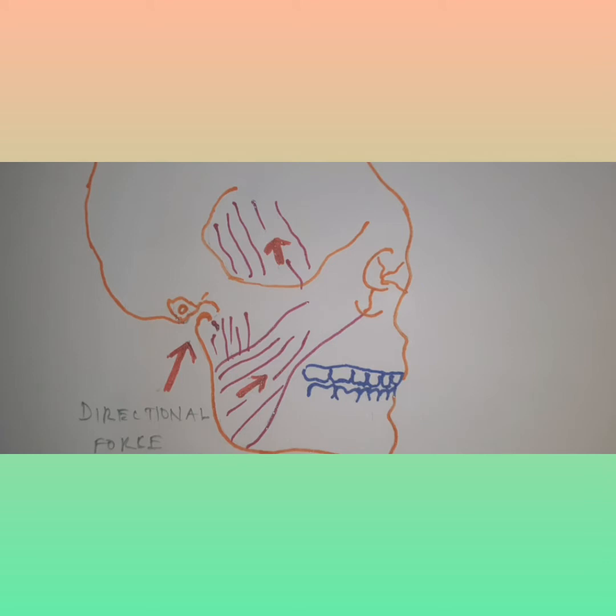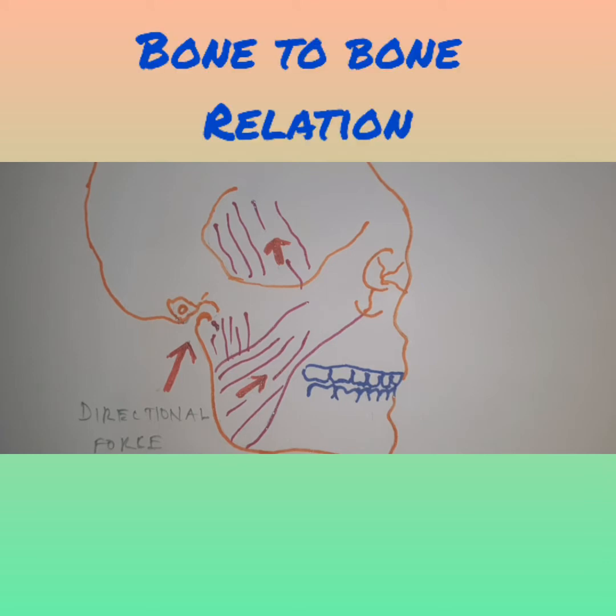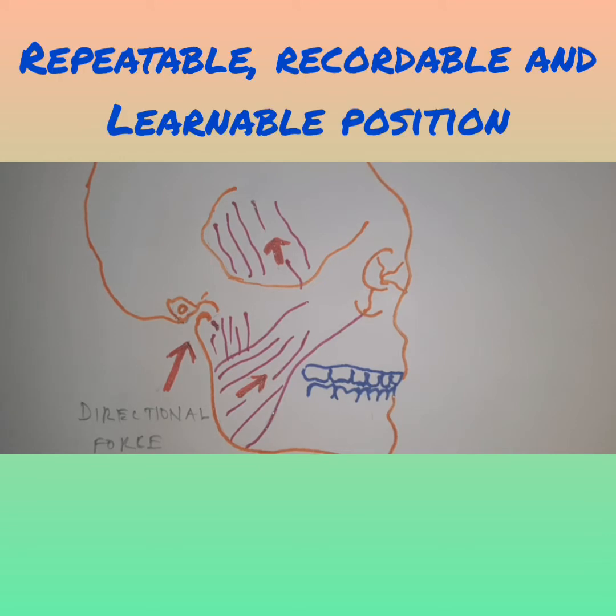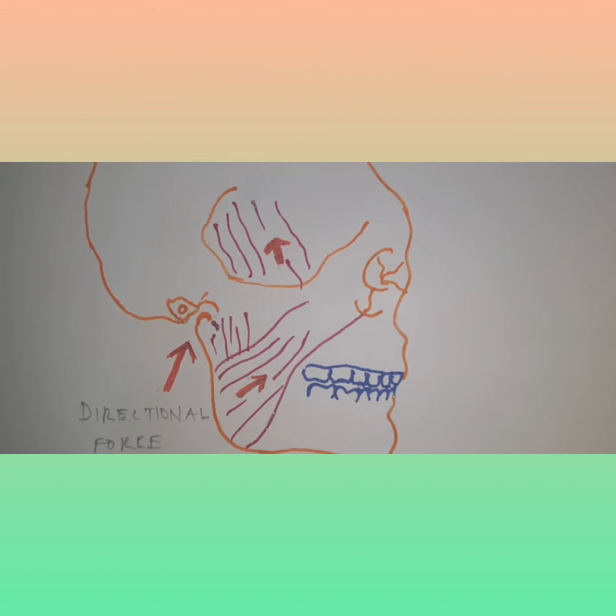One, it is a bone-to-bone relationship. This is very important. So it becomes normal. It is a more repeatable position, a recordable or learnable position which remains constant throughout life.